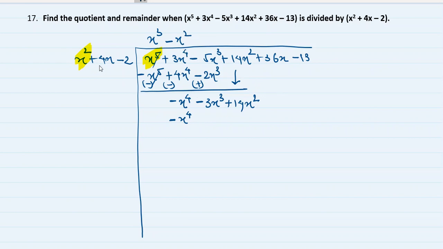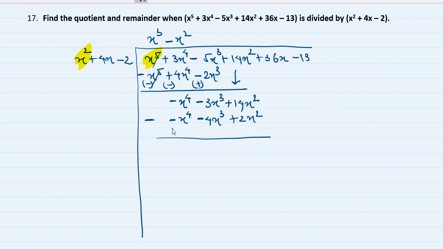Minus x square multiplied by plus 4x is minus 4x cube. Minus x square multiplied by minus 2 is plus 2x square. Okay, the division is going along.